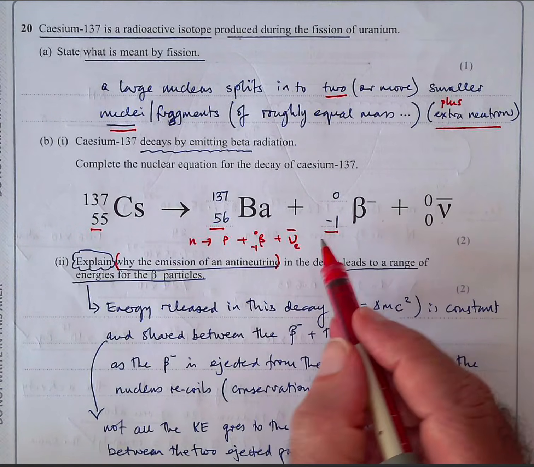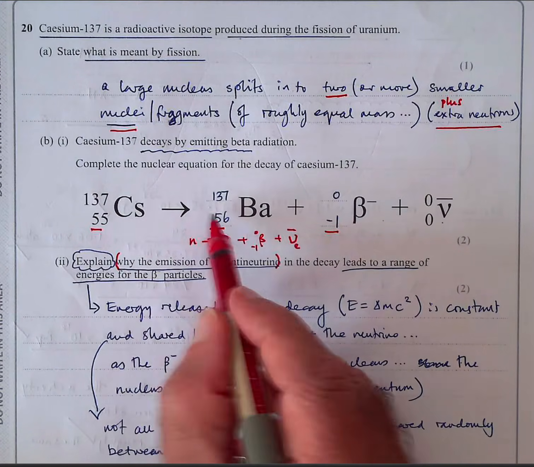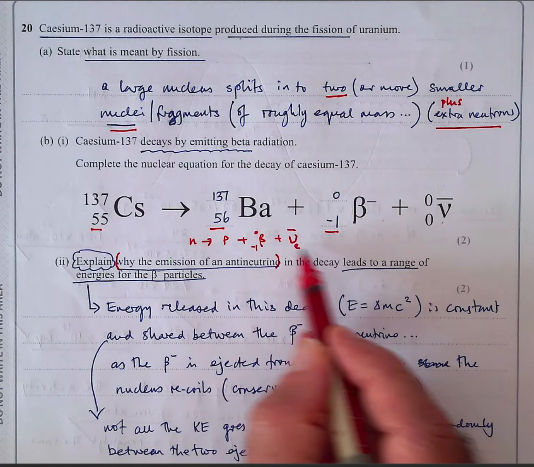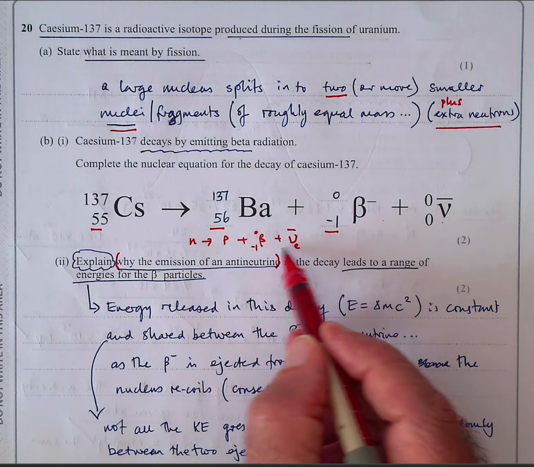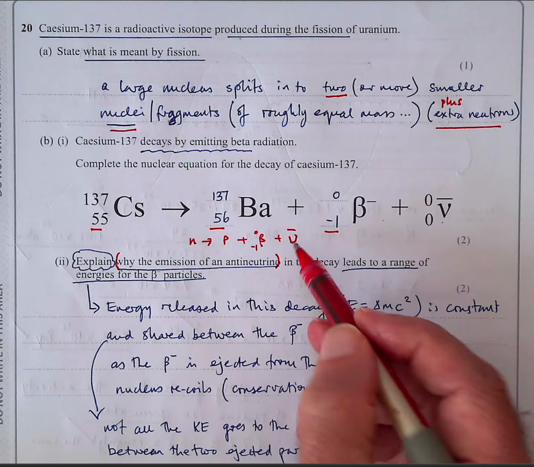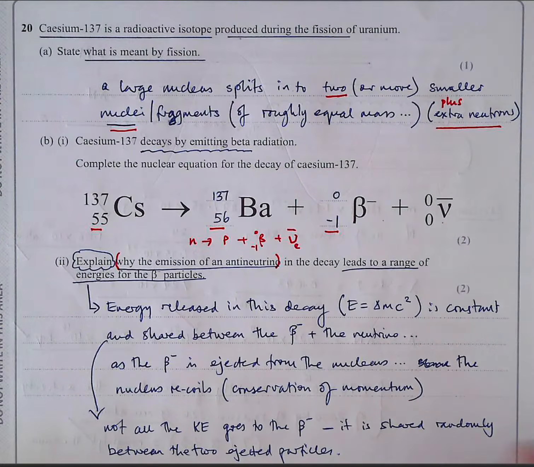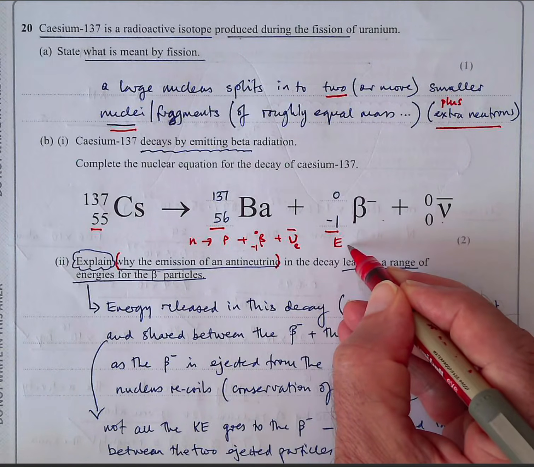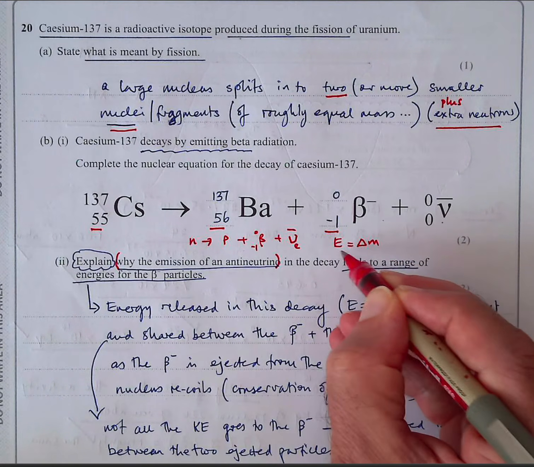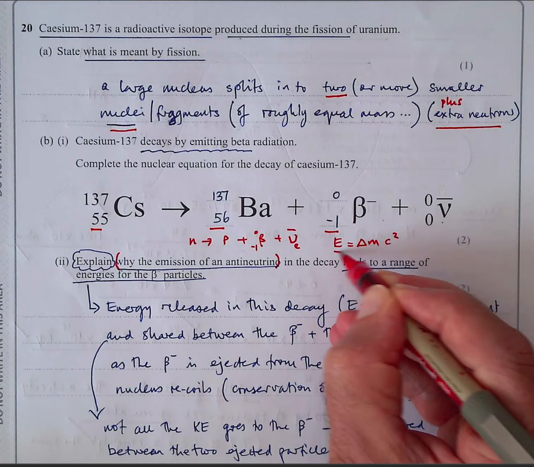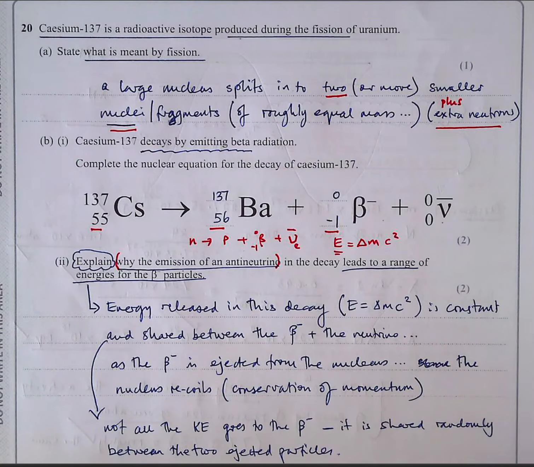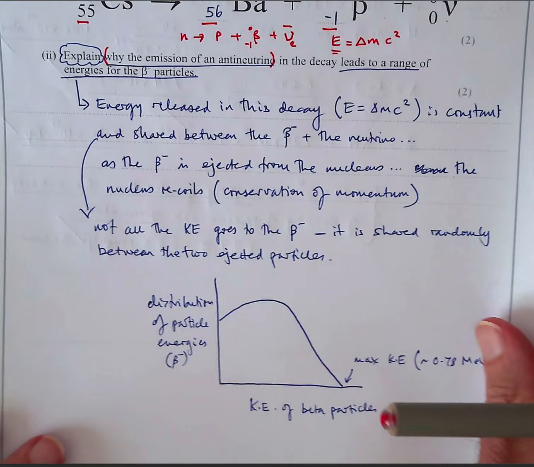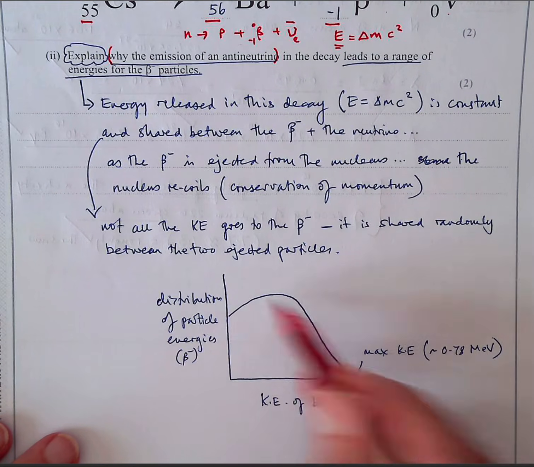When they worked out the missing energy, so obviously this conversion, basically a neutron splits into a proton and an electron and gives off some other particle, this is where they discovered it. When they worked out how much energy this should be using the delta M value and c squared, the amount of energy they got for the kinetic energy of the beta particles was a distribution of all sorts of energies.